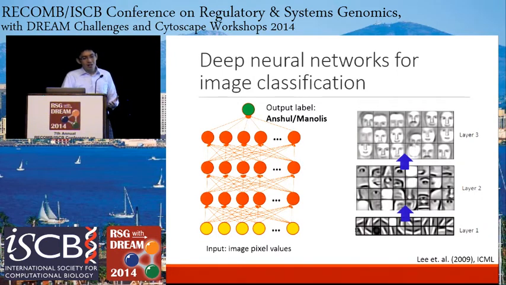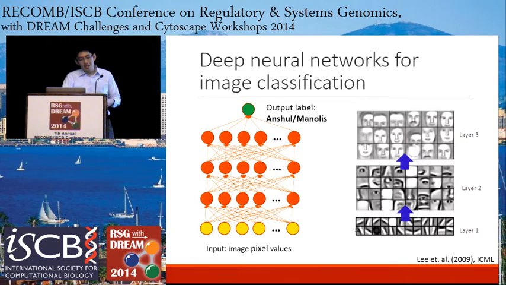As a toy example, one typical image classification task is face recognition. Suppose we were trying to build a classifier to recognize images of my advisor Anshul against Manolis, who is one of the organizers of this conference. Given a set of images of Anshul and Manolis, we can train a deep neural network that automatically identifies the relevant features that are characteristic of these two people, and then use that to classify whether the image is of Anshul or Manolis.